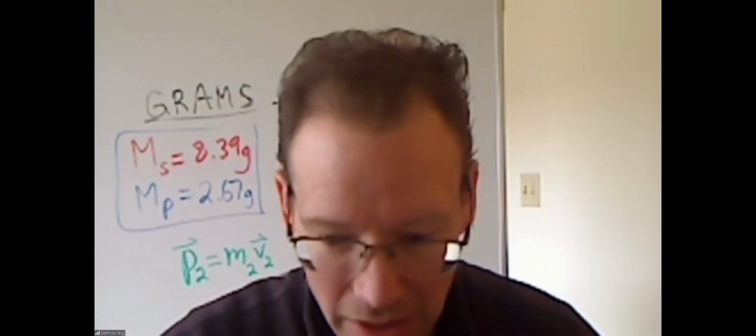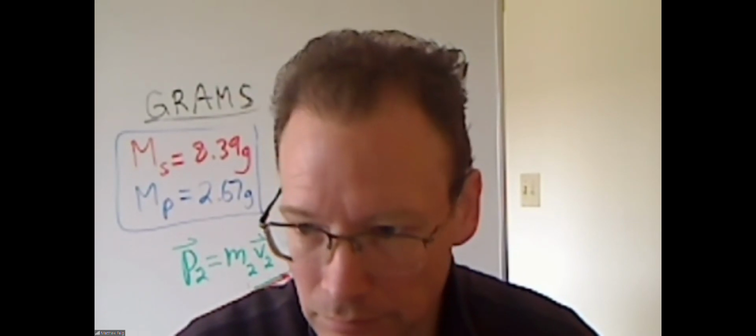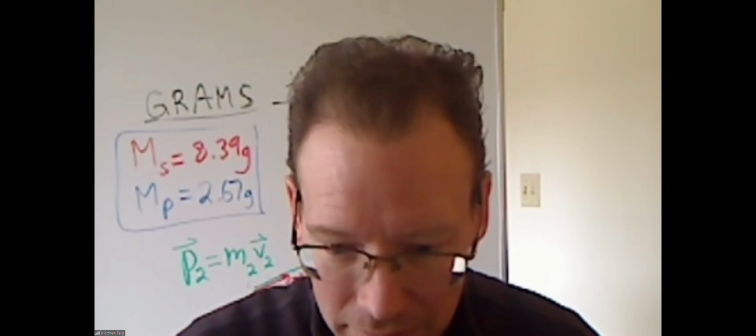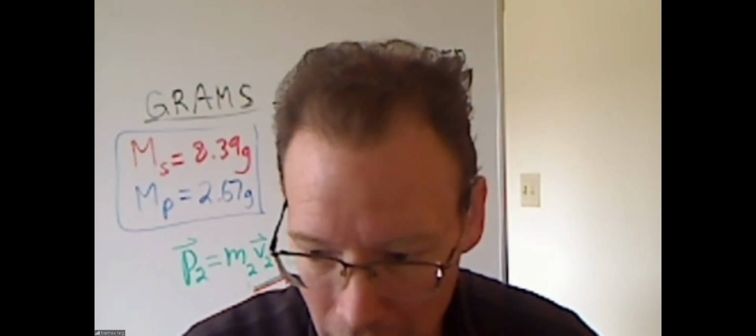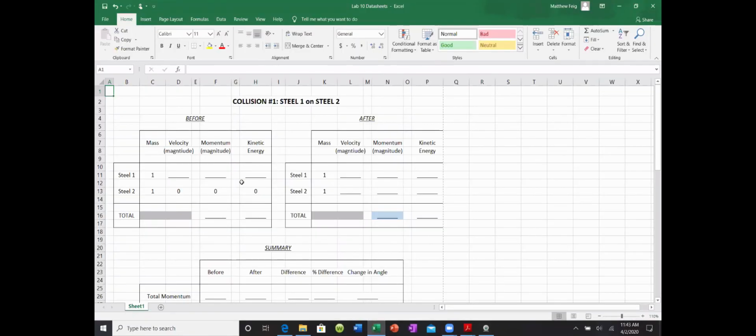Oh, shoot. Last thing I'm going to say, I knew there was something else. Screen share one more time. Promise this is the last one. Okay, what about units? There's no units for velocity, momentum, or kinetic energy. You can fill in velocity, just whatever you measure on the screen, on the worksheet in centimeters.